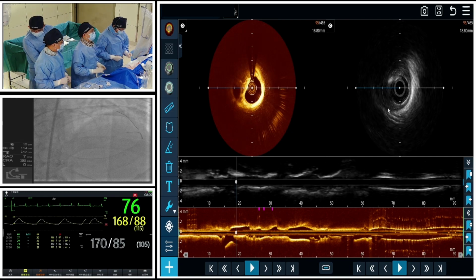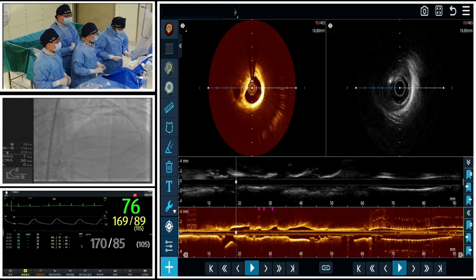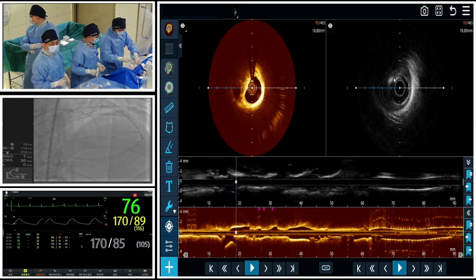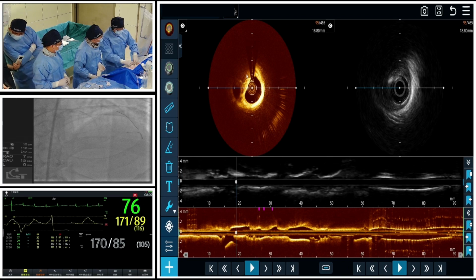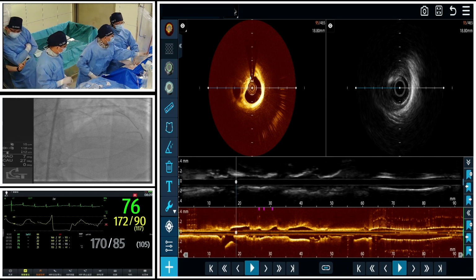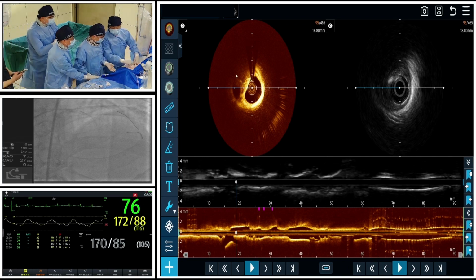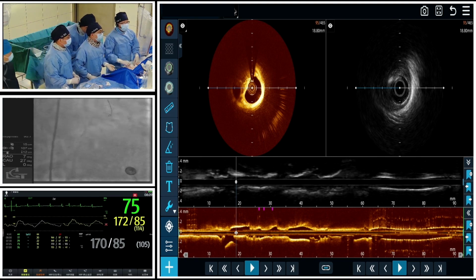And then we can see that the IVUS image is of high sensitivity to the calcified plaque. On the image, we can see some high bright sparkles here. And also on the right side, we can tell the detailed information of the calcified plaque. There is a very sharp border of the black and calcified plaque.